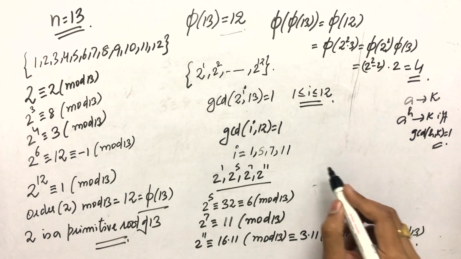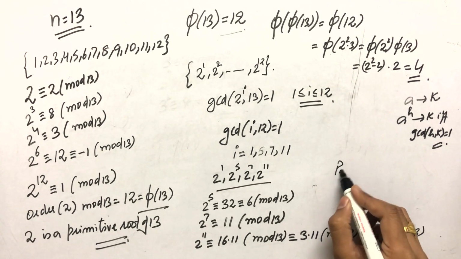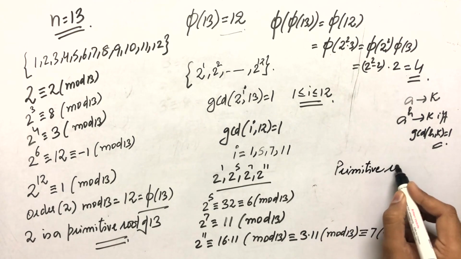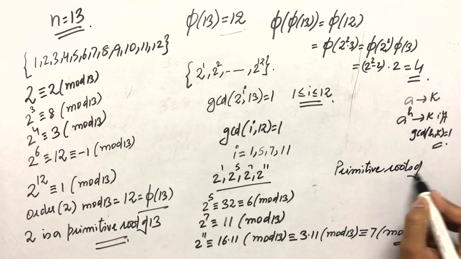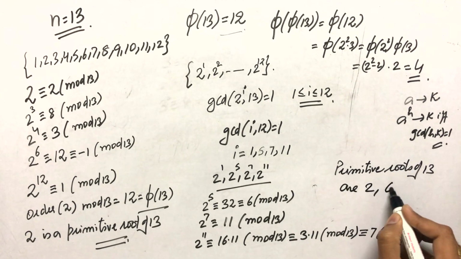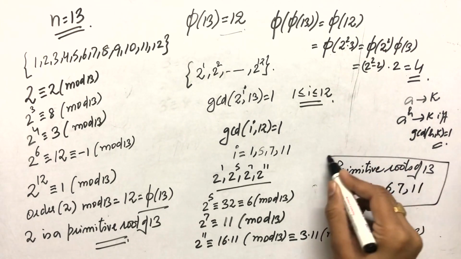Hence, the primitive roots of 13 are 2, 6, 7, 11. Answer.